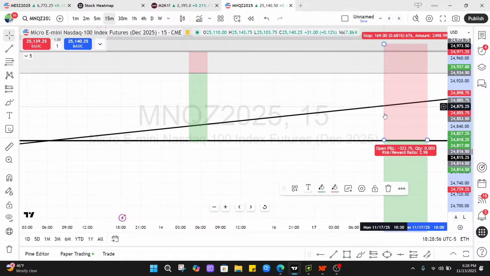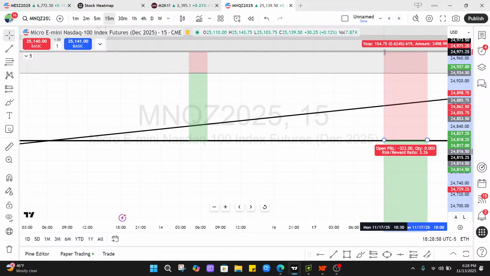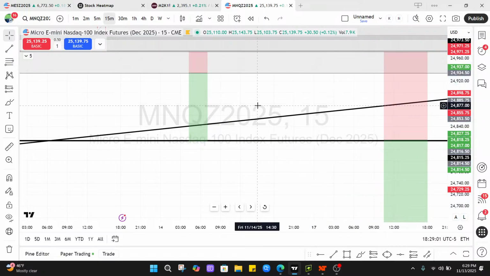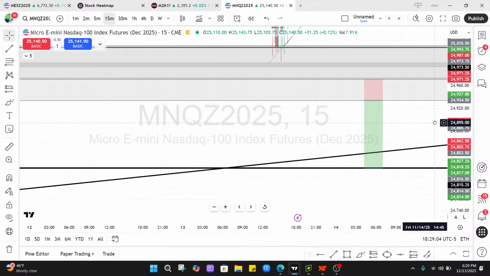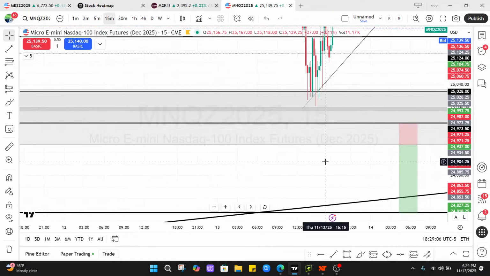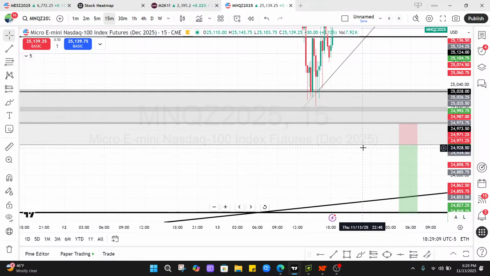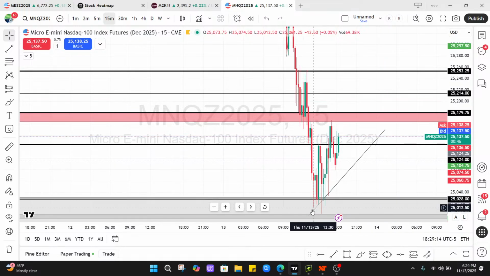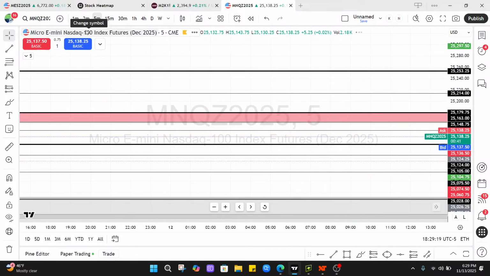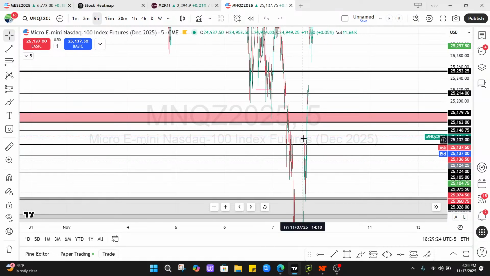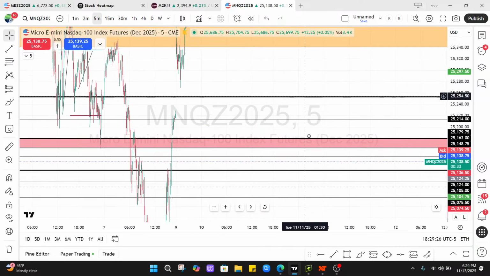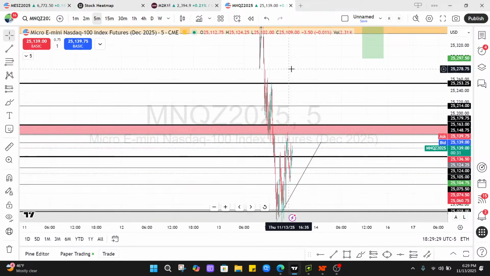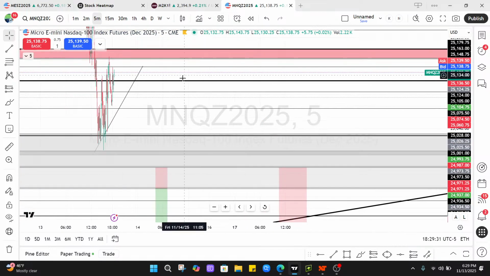Maybe I might put this as my runner. We'll see. But as of right now, it's still forming. And I don't need to go any lower than the 15 minute, to be honest with you, because the only time I'm going to go into the 5 minute or the 2 minute is when I'm ready to take the trade. So I think we're good for now.